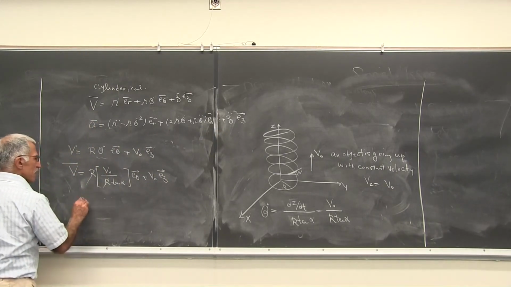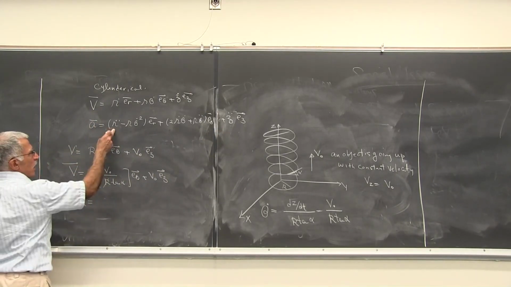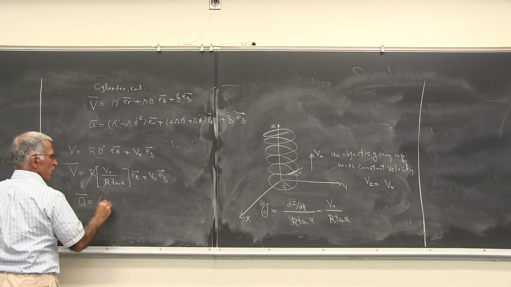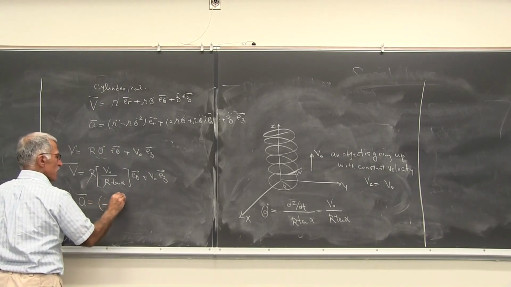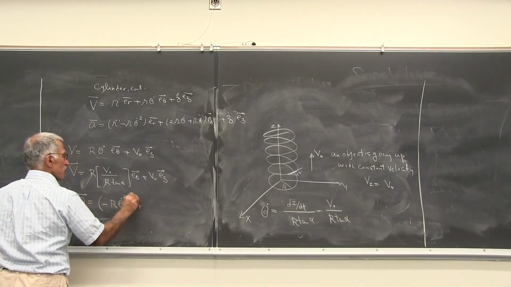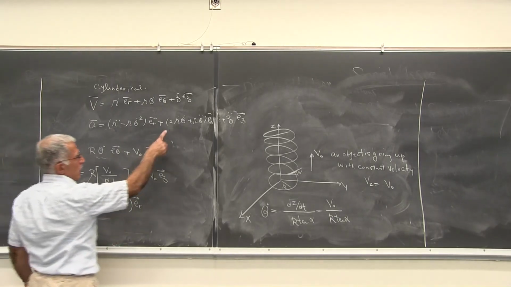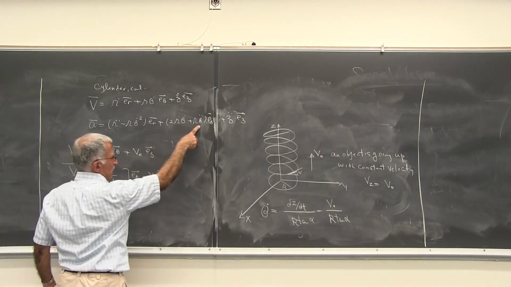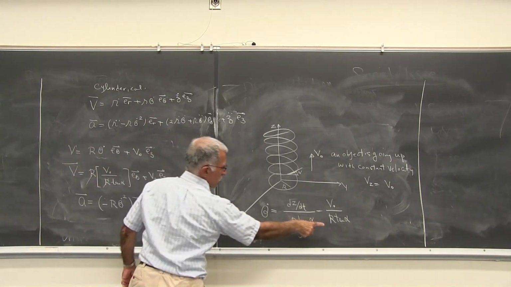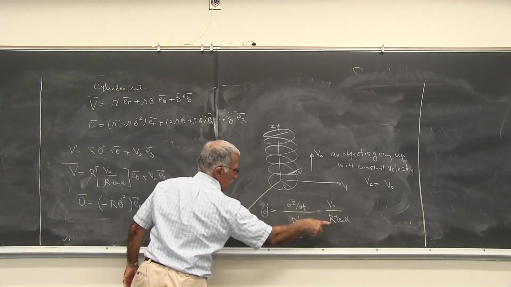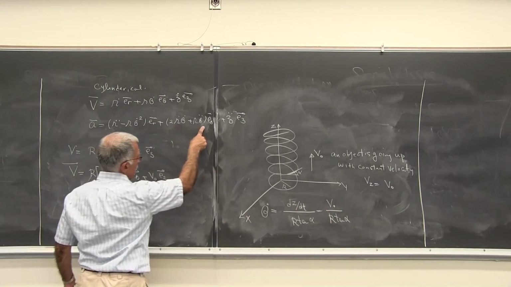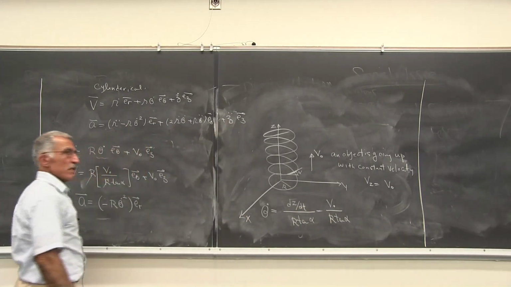So if I substitute back in this equation, r double dot is 0, so that becomes minus r theta dot squared e_r. r dot is 0, theta double dot is also 0.